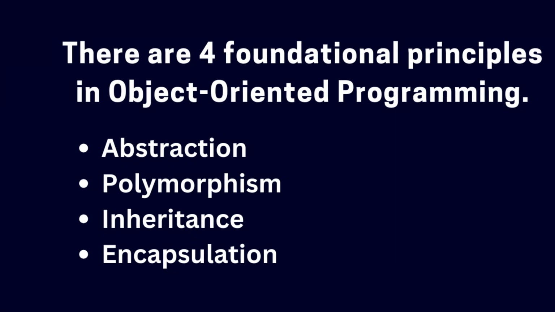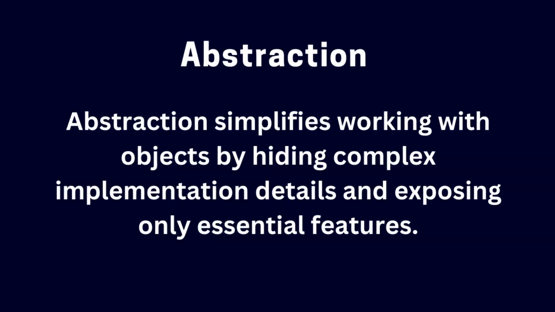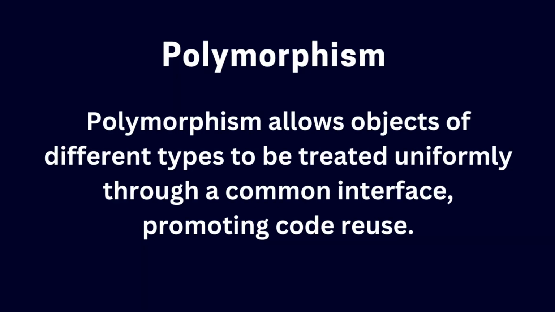First, let's discuss abstraction. Abstraction involves hiding the complex implementation details of an object and exposing only what's necessary. This simplifies how we work with objects, allowing us to focus on their functionality without needing to understand all the intricate details behind the scenes. Polymorphism.